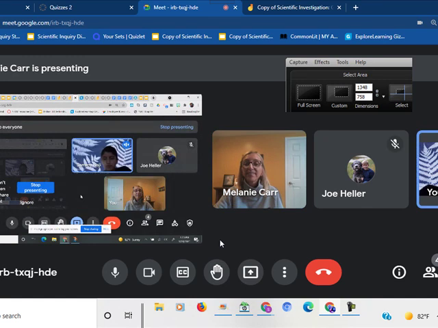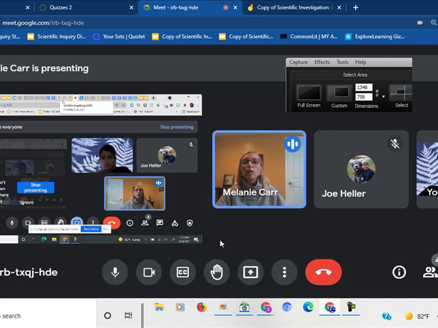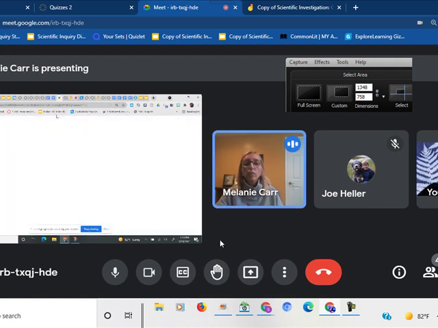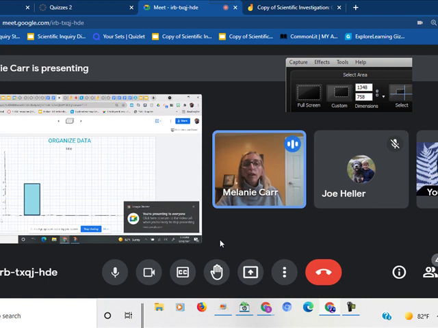I had another question too. On the Jamboard, I was putting my data into the graph. Say it was 11.5. Would I just put 11.5 on the graph, or would I round up to my closest one? No, you only round up when you're trying to figure out how you're going to number.